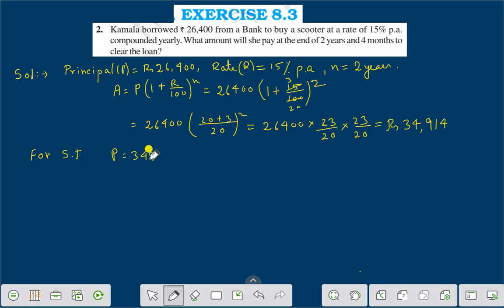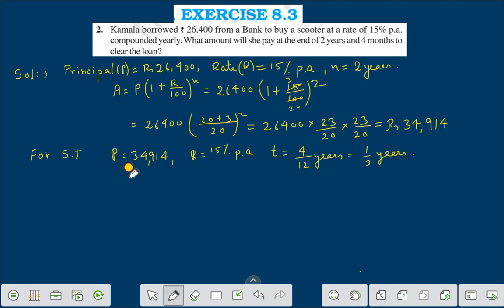And time is 4 months, that is T. Rate of interest R is 15% per annum, that is 15 by 100. T is for 4 months, 4 months means 4 by 12 years, which is equal to 1 by 3 years.